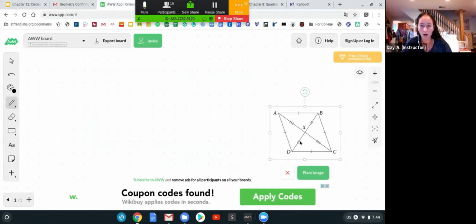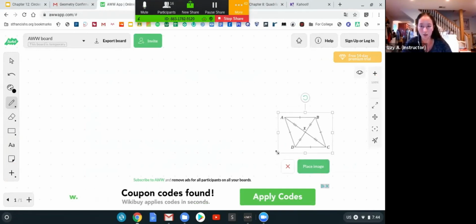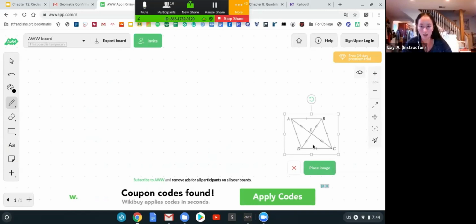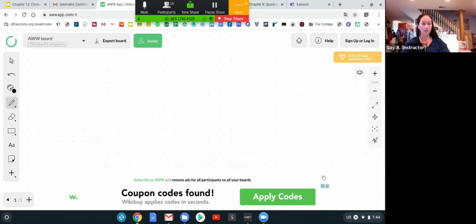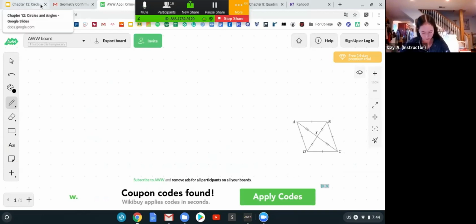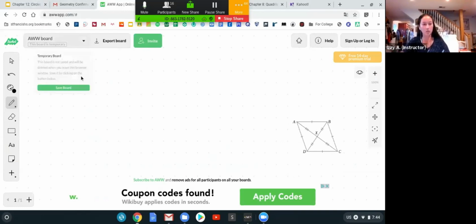So here I have ABCD. I'll decrease the size of it a bit and then place it. Let's see. I'll write down the information that we know.